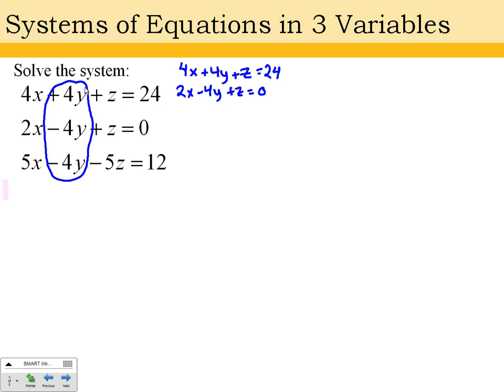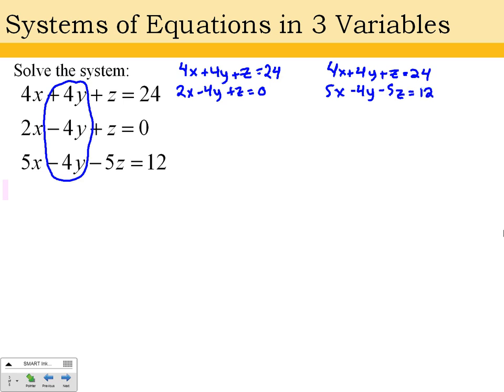Okay, and then I compare my top one, which has positive 4y, with the bottom one, which has negative 4y. So that's 4x plus 4y plus z equals 24, and 5x minus 4y minus 5z equals 12.